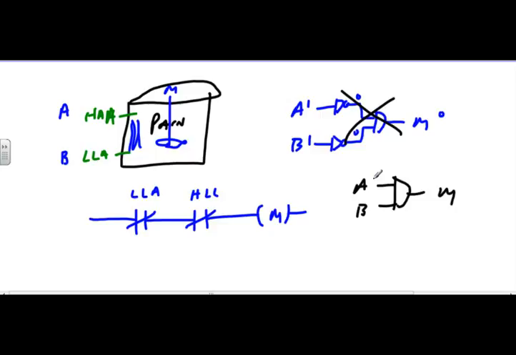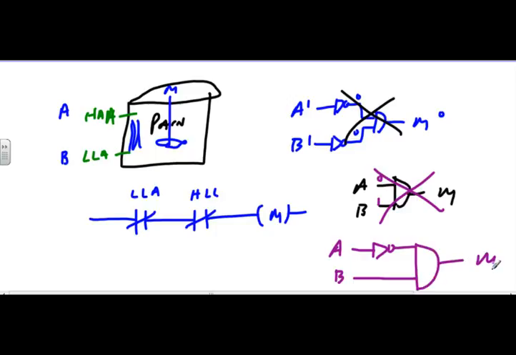if the high level alarm is off, I want the high level alarm to be off. Off. 0. 1. That won't work either. All right, so what's going to work? I want A to be the high level alarm. I don't want it on. I want B to be the low level alarm.